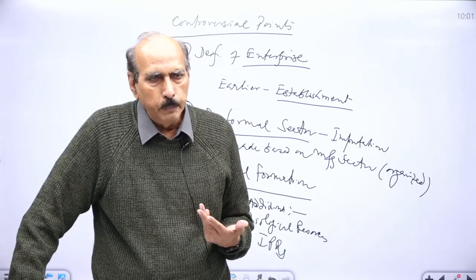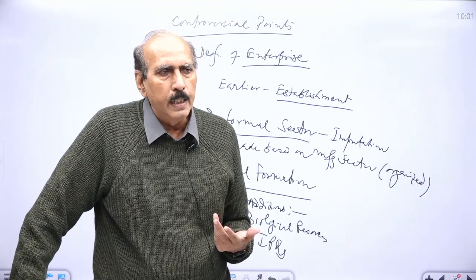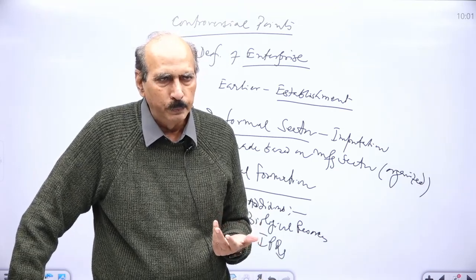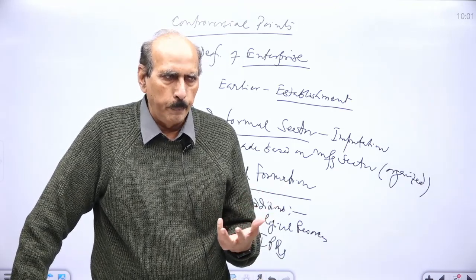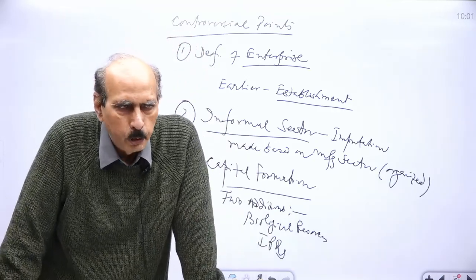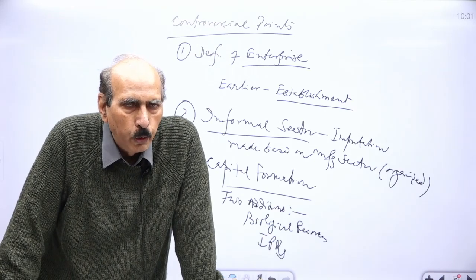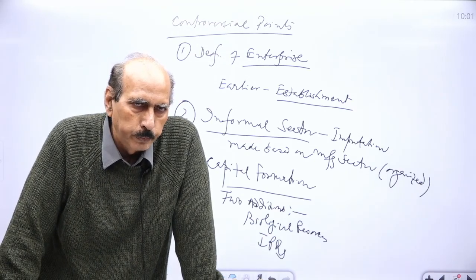What is the implication? Implication is larger the capital formation, larger is likely to be economic growth. That is a direct relationship. And therefore, the value of capital formation is inflated.